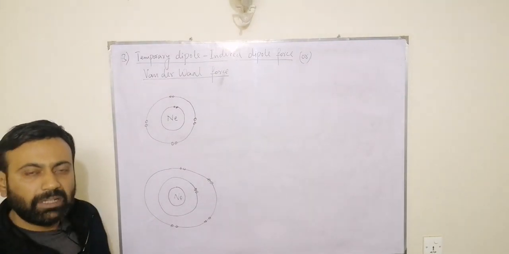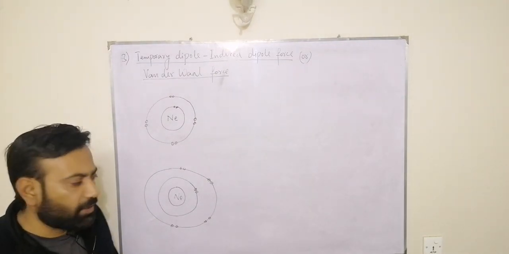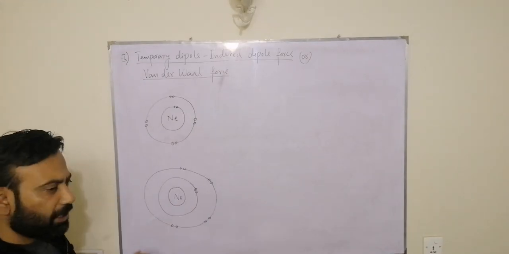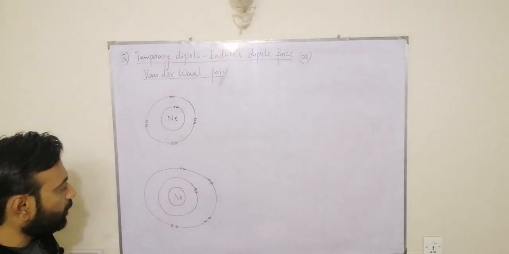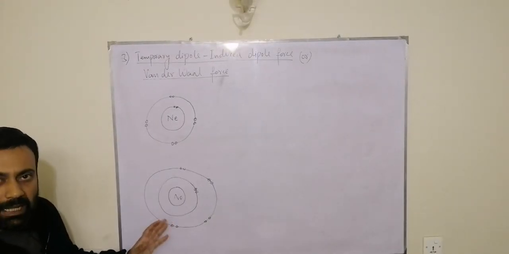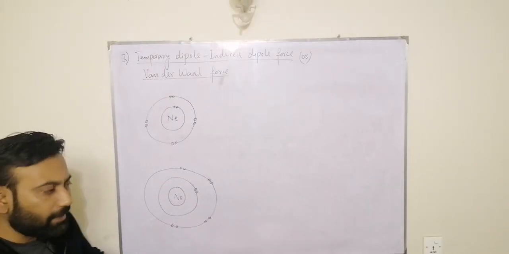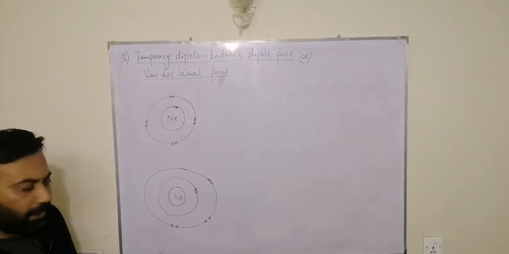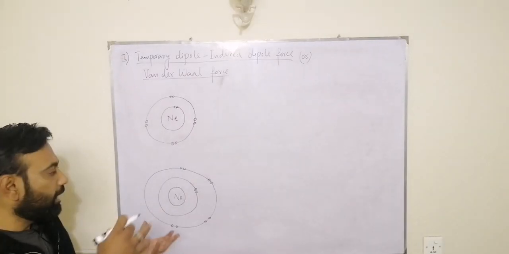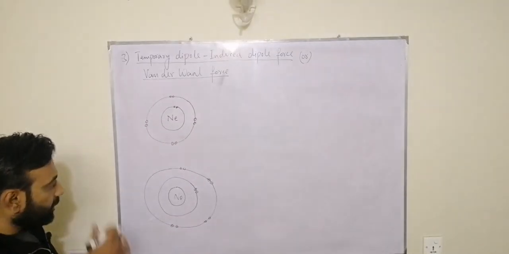Coincidentally, for a moment, temporarily, the arrangement of electrons is like this. Now just pause the movement of electrons for a moment. Now let us study this atom, how it behaves when the electrons are in this position.